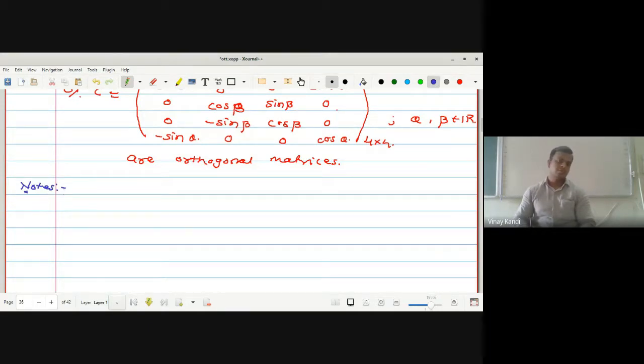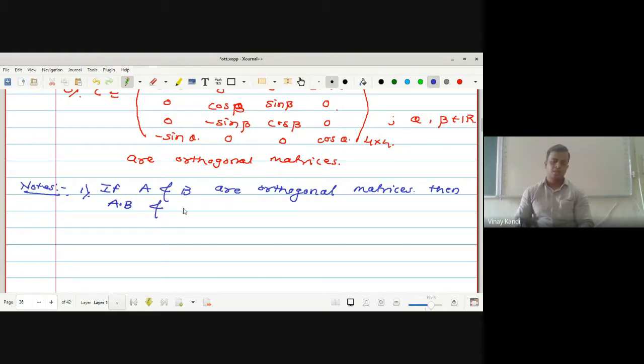Note number 1: if capital A and capital B are orthogonal matrices, then A into B, the product of these two matrices, and B into A are also orthogonal matrices. This is note number 1.